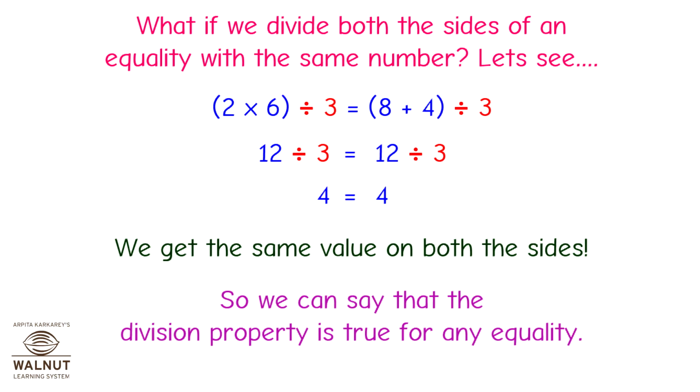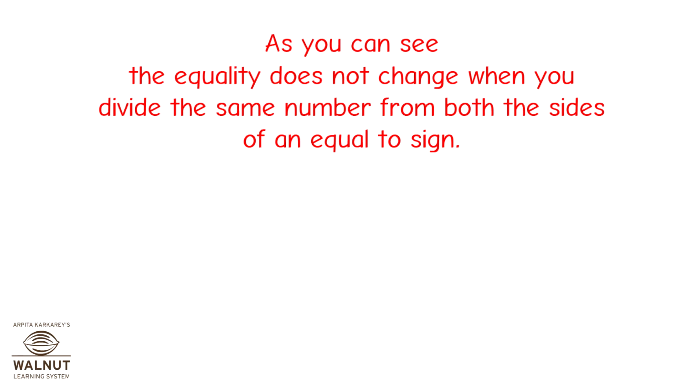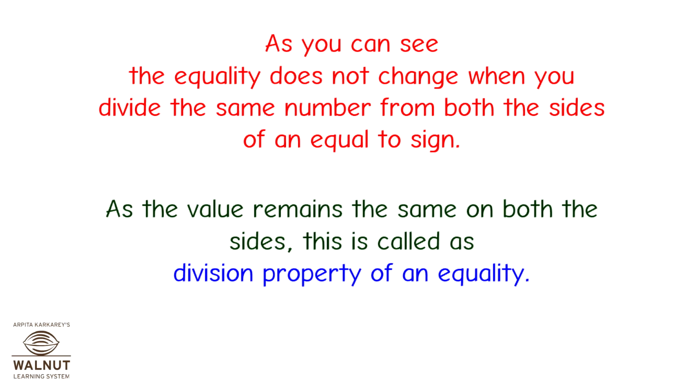So we can say that the division property is true for any equality. As you can see, the equality does not change when you divide both the sides of an equal to sign by the same number. As the value remains the same on both the sides, this is called the division property of an equality.